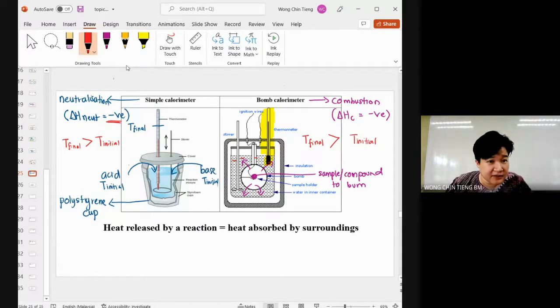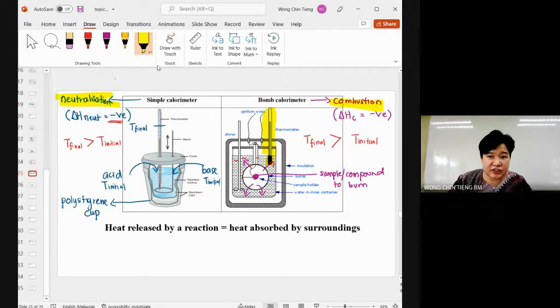Betul? So kenapa saya kata calorimeter senang? Because it's always about neutralization and combustion only. Tak ada orang lain. Hanya neutralization, hanya combustion, hanya MC delta T atau C delta T. Senang?